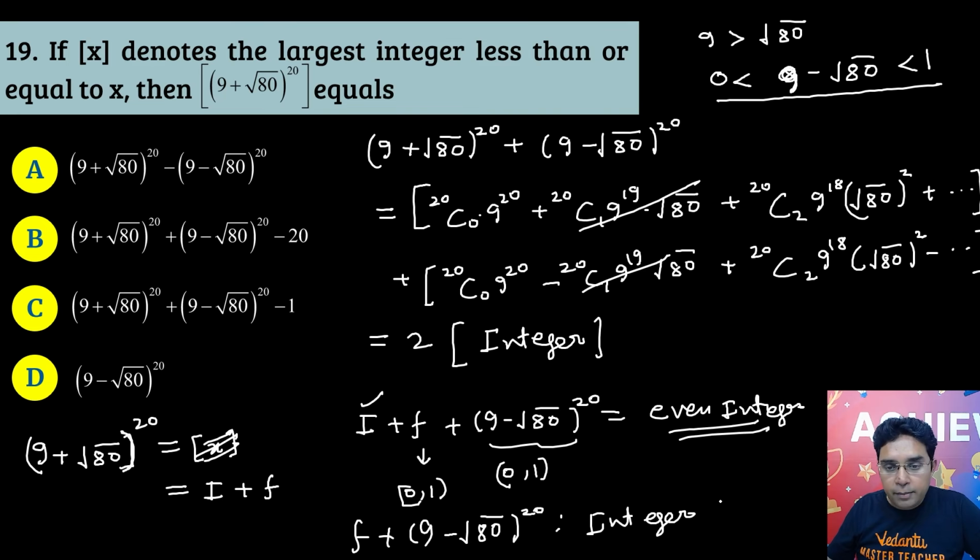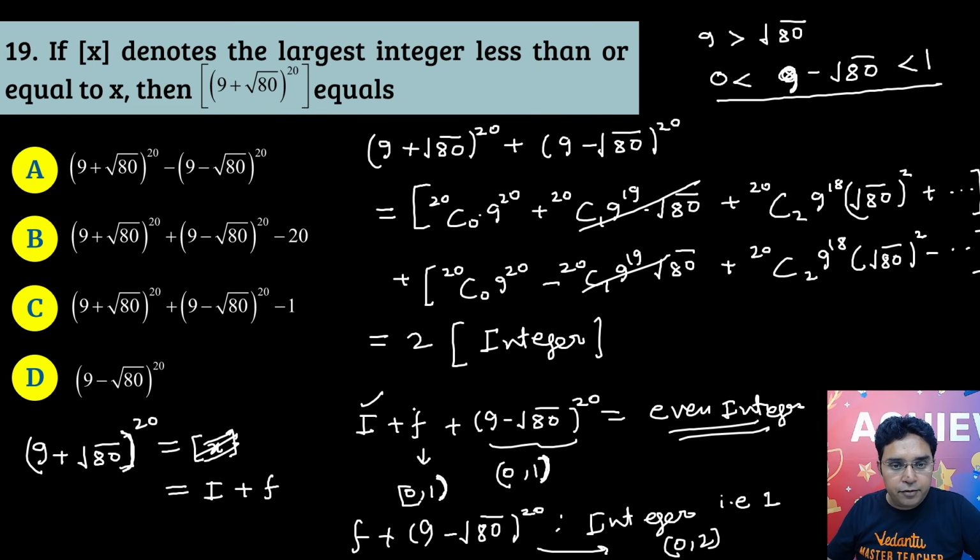You can see this value will be from 0 to 2. This is strictly positive, so it will be greater than 0, and the maximum possible value can be 2. And on 2 also you can see there is an open bracket because both of them cannot be 1 together. So within this 0 to 2 you can see the integer value will be just 1.